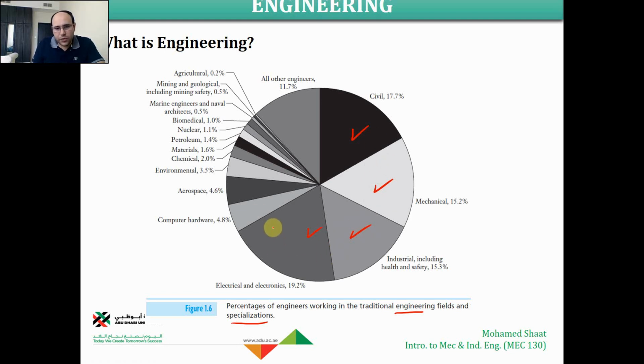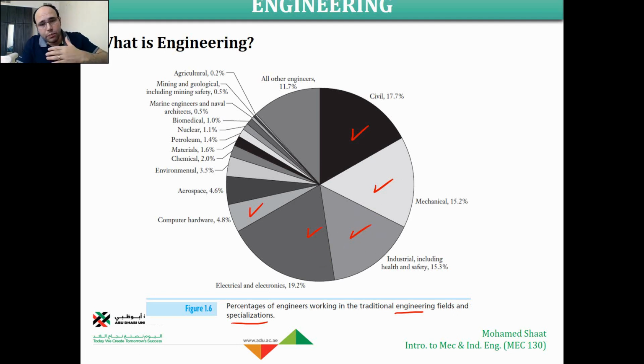In recent years, for sure, computer science and computer hardware or computer engineering have been strongly added to these branches, but we still have civil, mechanical, and electrical engineering plus industrial engineering as the main 4 branches of engineering.